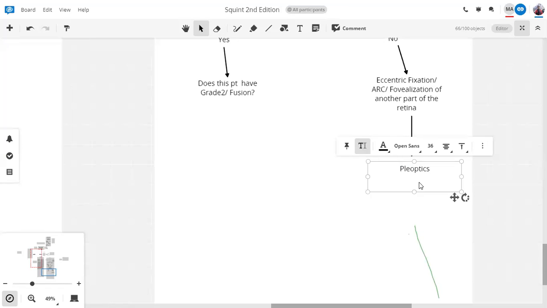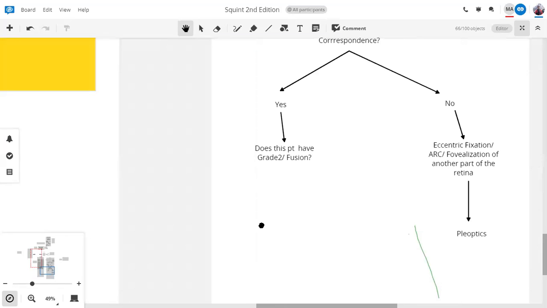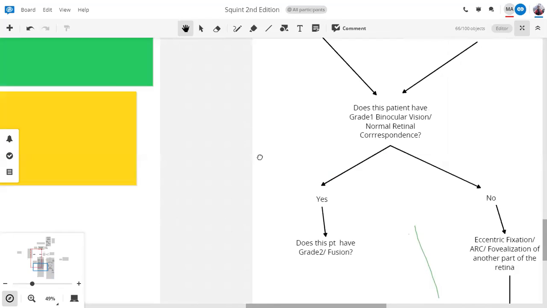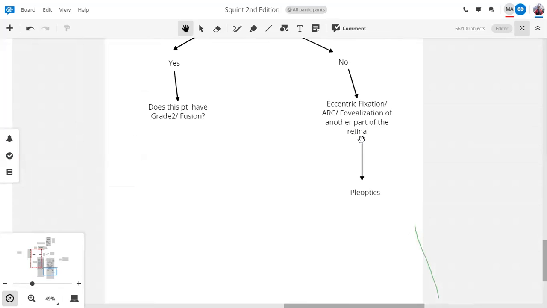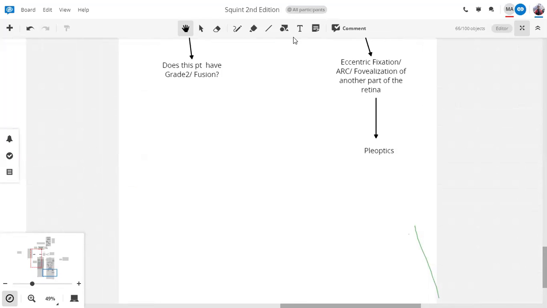We haven't discussed this in our 4 O's, okay, which we discussed over here. But it's a part of therapy. Pleoptics means that we're trying to rejuvenate the fovea. We're trying to regenerate it so that it picks up vision again. So after we've done pleoptics, there are 2 possibilities.